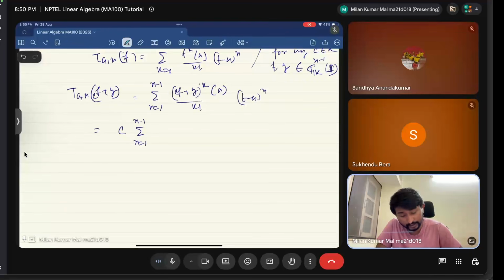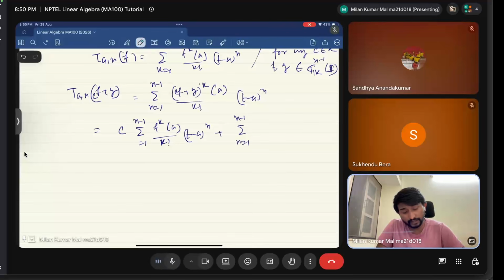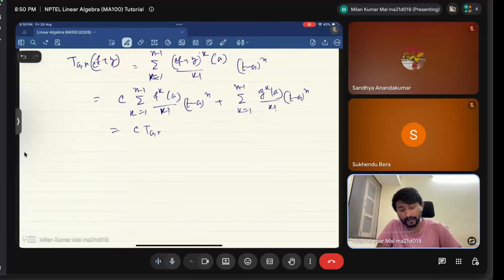If there is any doubt regarding this direct step, you can ask me. I will try to explain in more detail, though I am assuming it is easy to understand. So that means c T_a^n f plus T_a^n g. That's all. So this is linear.